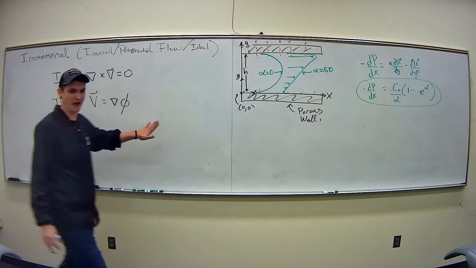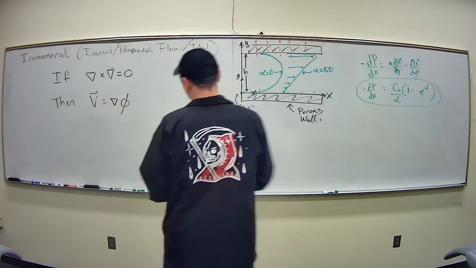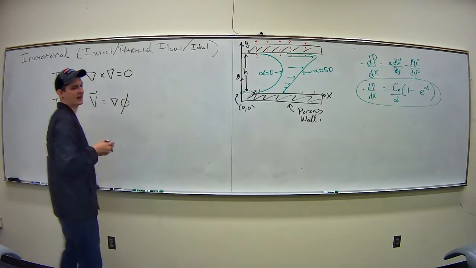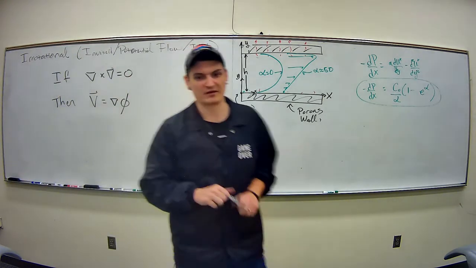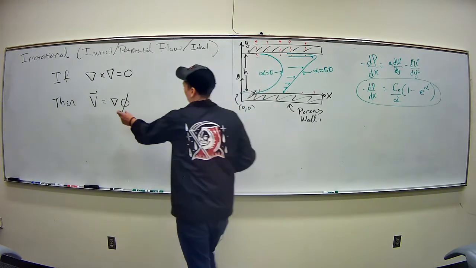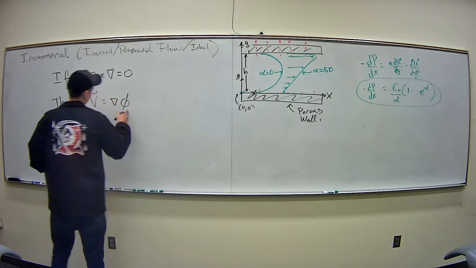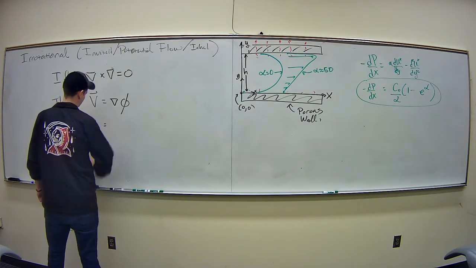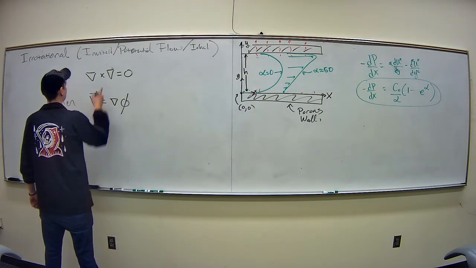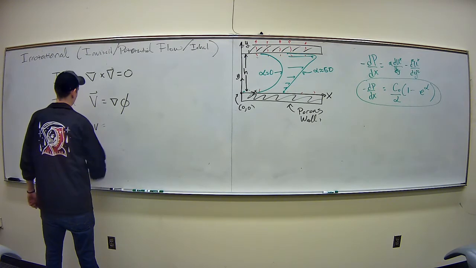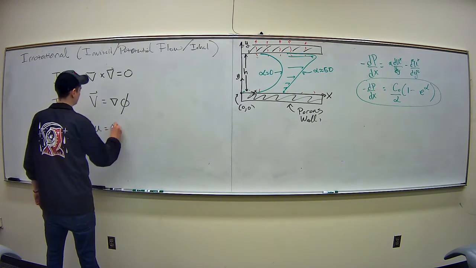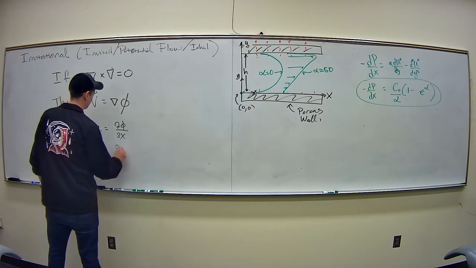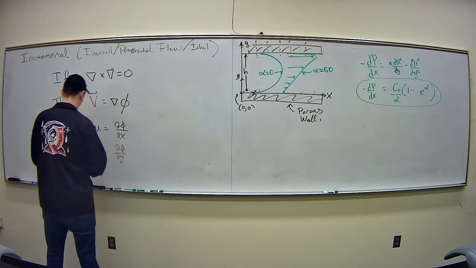So this is not the stream function definition. Okay? Notice this is the gradient. There's no fancy conjugate gradient operator that I've defined. This is the gradient. So if this is a scalar term right here, what this is saying is that I can get the u velocity and I can get the v velocity similarly.